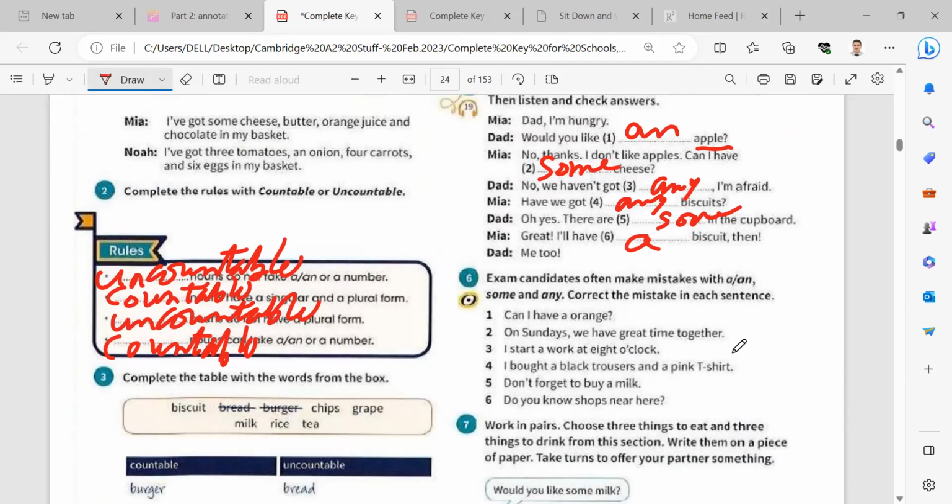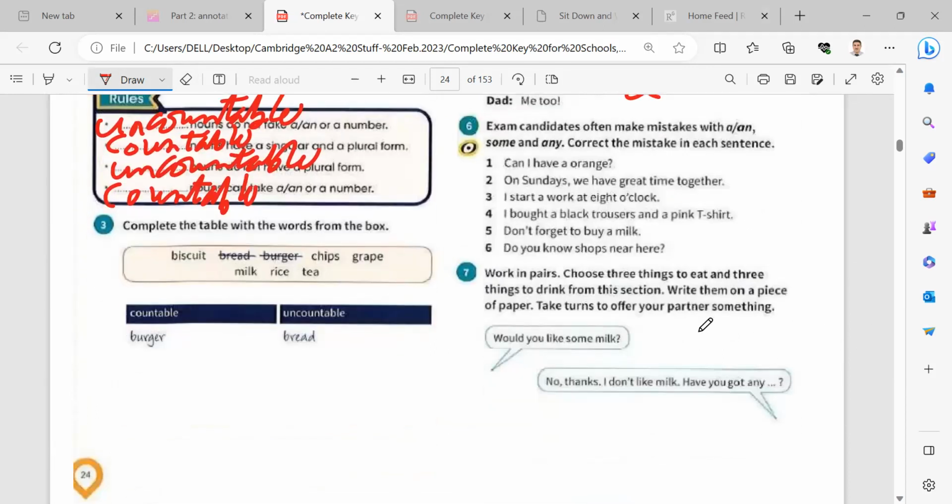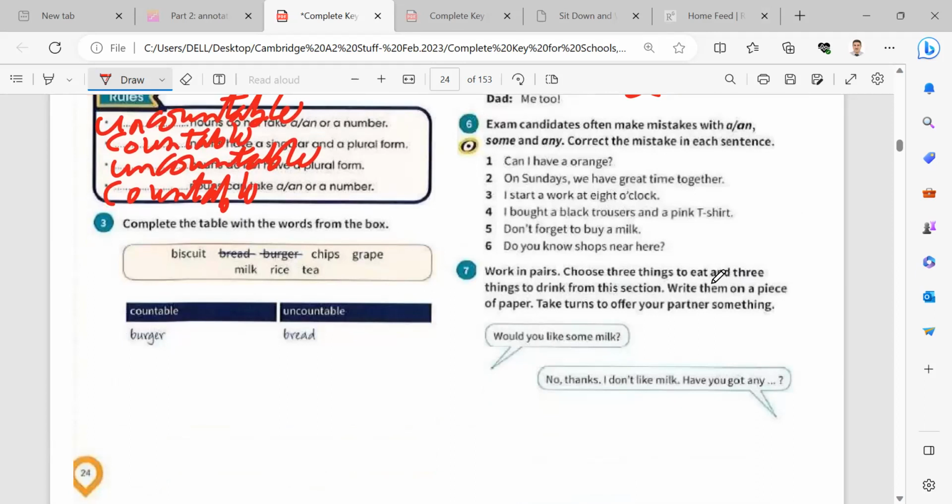Exercise 6, please, Nawaf. Can you please correct the mistakes? Underline the mistakes and correct them, please. Okay.